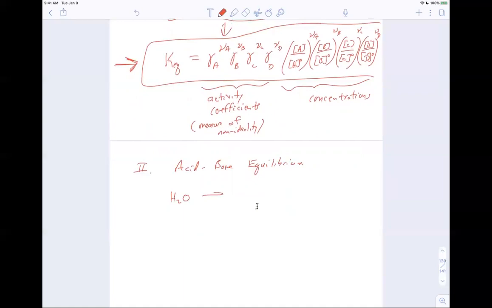okay? And this is something you've seen, I know, these are in AQ, aqueous. So you have this ionization. You can even think about this as H2O plus H2O goes to H3O plus in AQ plus OH minus.